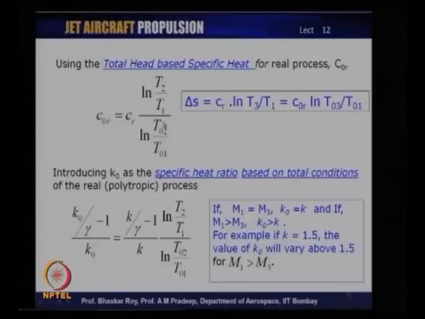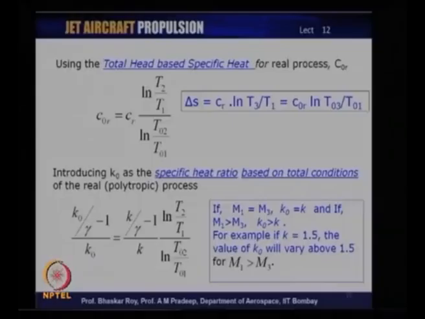So, it is possible to actually come out with a specific heat based on total temperature based and total pressure based process, in which specific heat is now being shown as C 0 r as opposed to C r as we have done before.